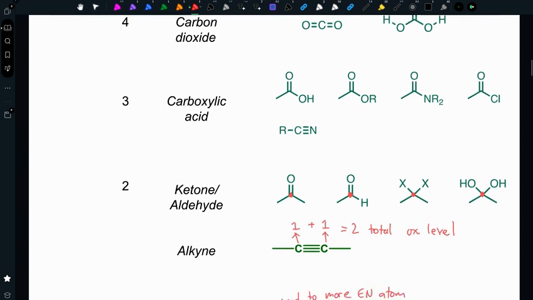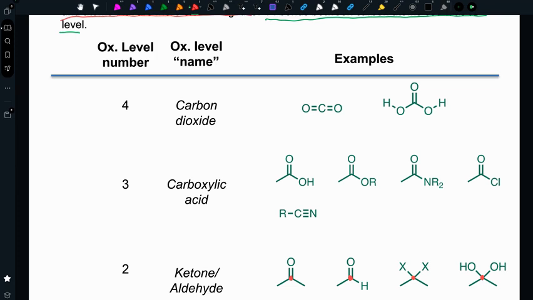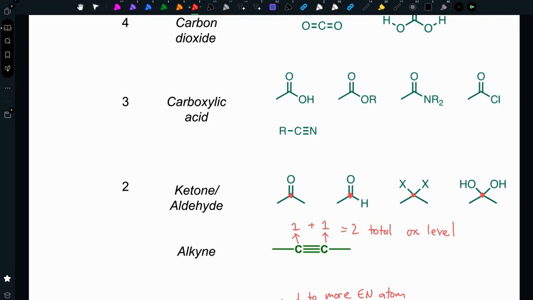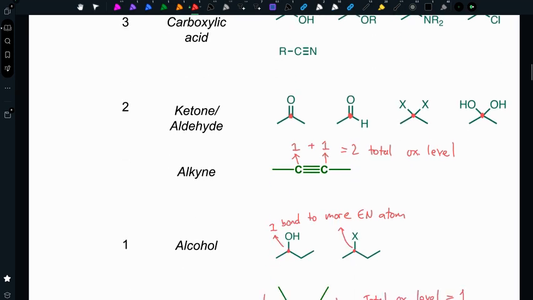So you'll notice we give an oxidation level name. Each oxidation level is typically referred to as derivatives of that most common functional group at that oxidation level. So at oxidation level 3, a carboxylic acid is the most common. So the rest of them are called carboxylic acid derivatives. At oxidation level 2, they're ketones and aldehydes.